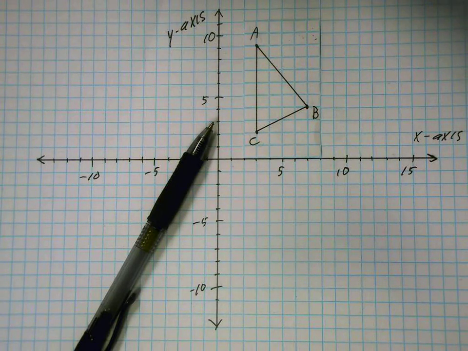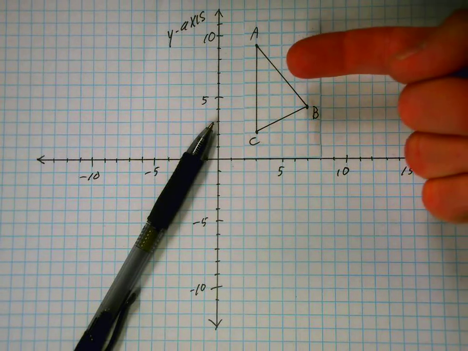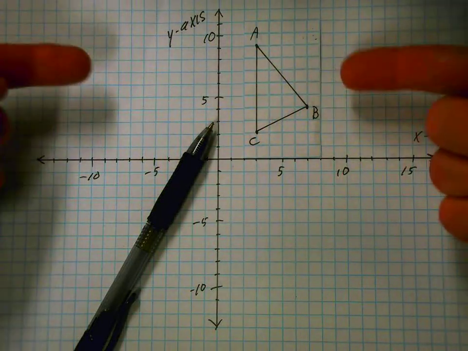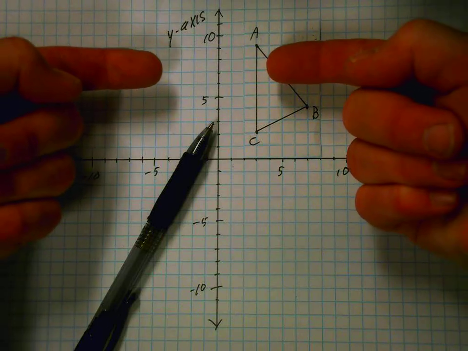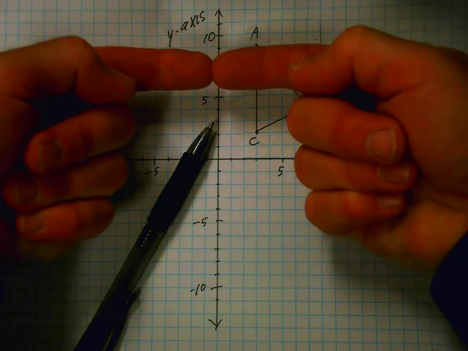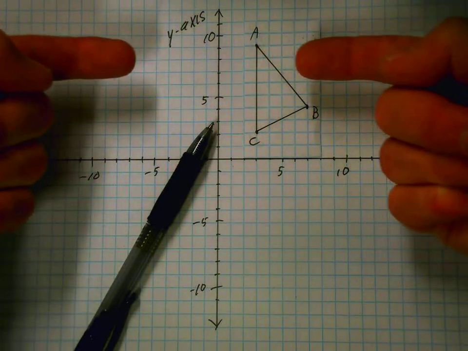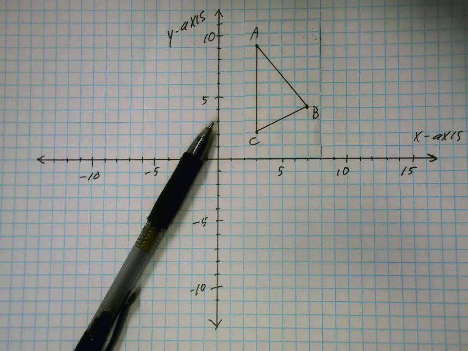The pre-image of you is just as far away from the mirror as the image appears to be on the other side. And if you bring your finger toward a line of reflection, like a mirror, your image would be equidistant until you touched in the middle, and then as you pulled away, they would be the same distance away. The same thing is going to happen here when we reflect over the y-axis.